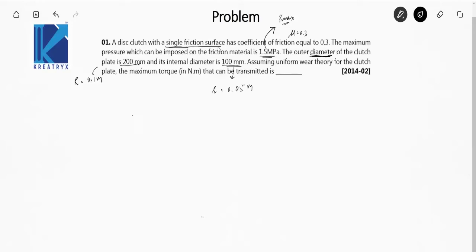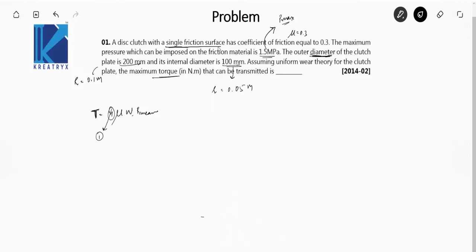Assuming uniform wear theory for the clutch plate, the maximum torque that can be transmitted is given by the equation n mu W R mean. Here n is the number of friction surfaces, which in this case is 1.